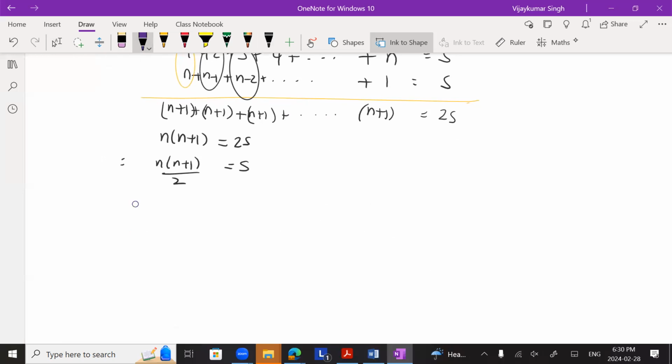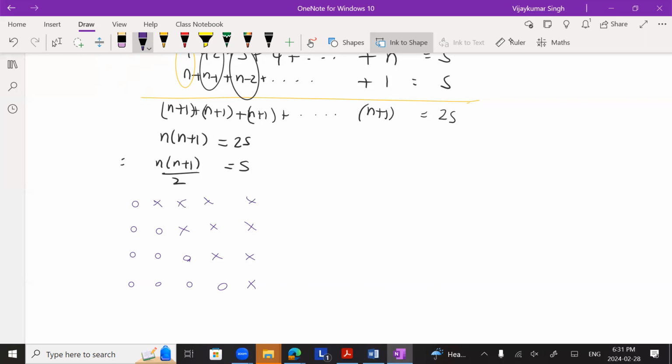Suppose I want to add 1 to n. So I have 1, 2, 3, 4. So I'm adding the number of dots, suppose, okay? So I'm going to basically make a perfect matrix out of it. I'm going to write 1, 2, 3, 4, right?